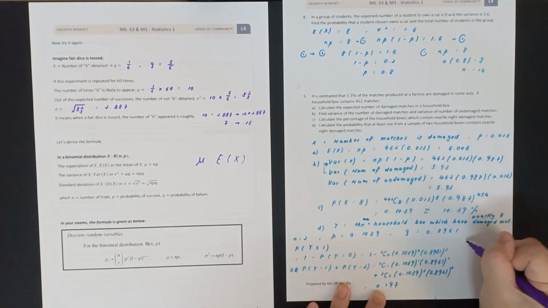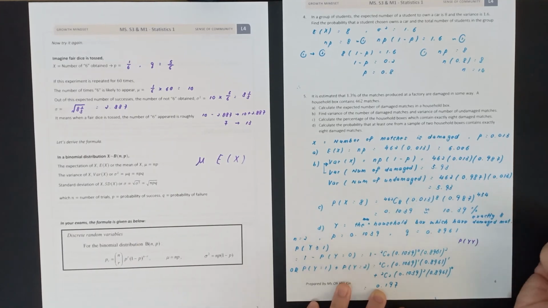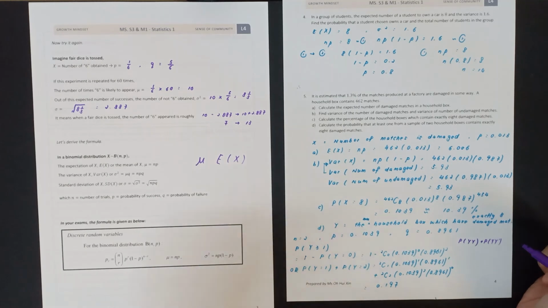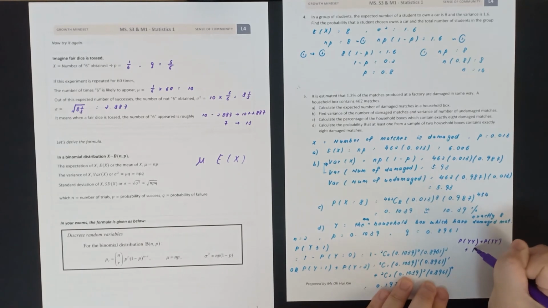Meaning I will use the probability for both to contain exactly 8 damage matches, plus y dash, meaning not y. First one is exactly 8 damage, the other one is not. Then I add another one, where the first one is not, the second one yes.